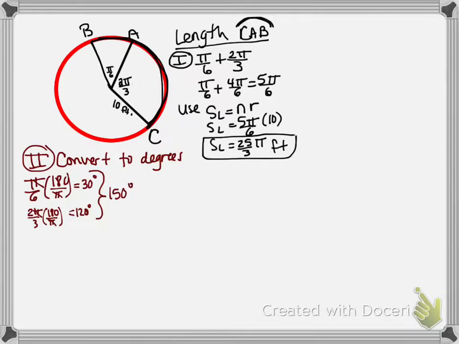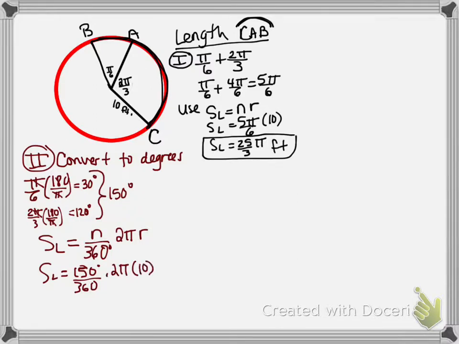It doesn't really matter. So now that you're in degrees, your sector length formula has to be n over 360 degrees times 2 pi r, or pi times diameter. So your sector length is 150 degrees over 360 times 2 pi, and the radius is 10.